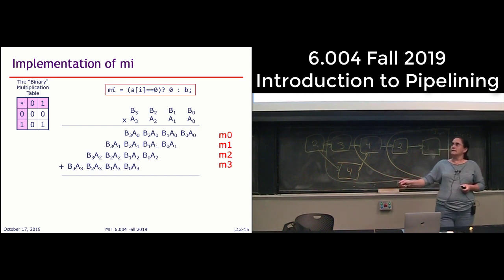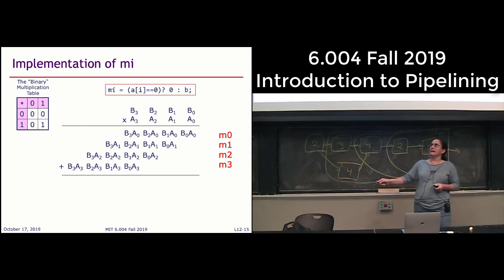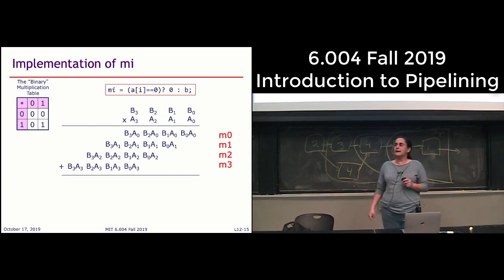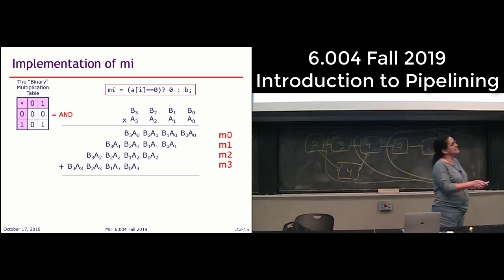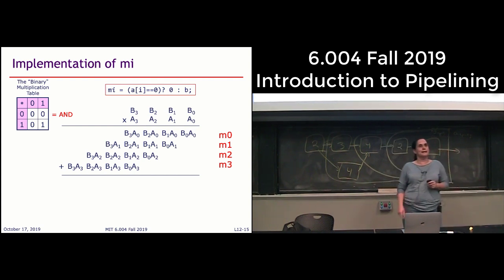And if A is 1, then the only time we're going to get a 1 on our output is when B is 1. So basically, I have to have both A and B be 1 in order to get a 1 in my output. So what gate does that look like? An AND gate, okay?